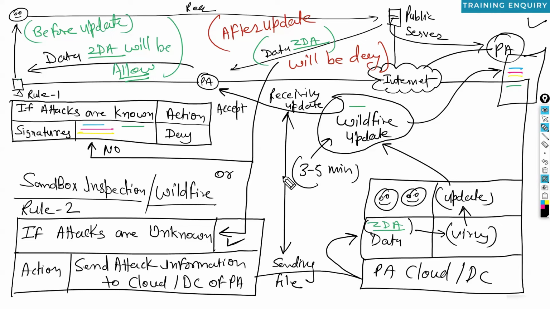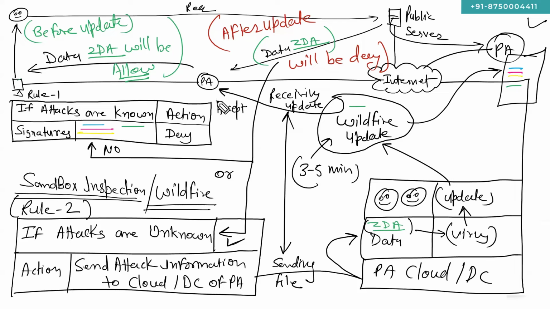So it is also called a reputation-based technique. But actually on Palo Alto, it is called sandbox inspection, or it is called WildFire. In sandbox inspection or WildFire, we configure a second rule on Palo Alto: if you see any unknown attack information, send that information to the cloud so that the cloud can generate an update, and that update can be delivered to you.